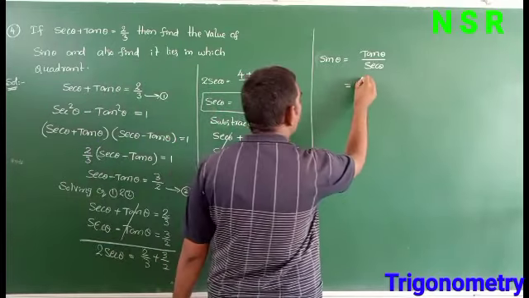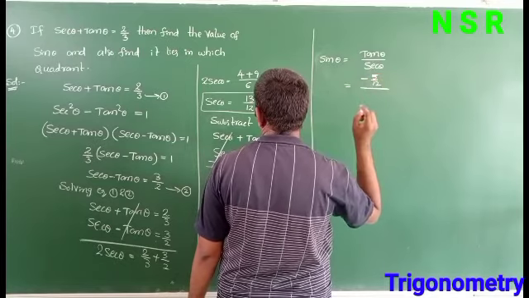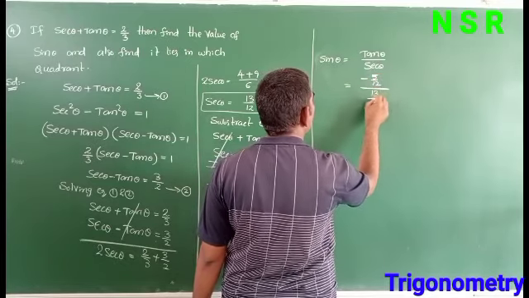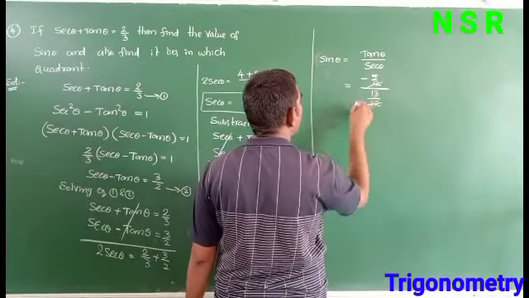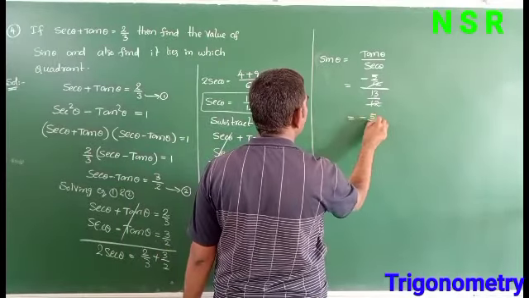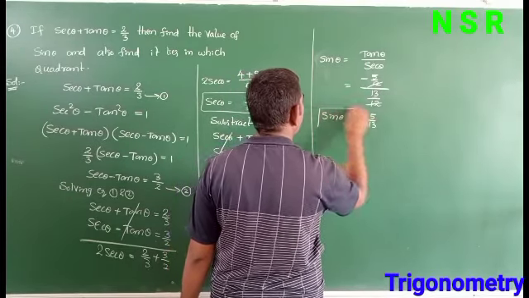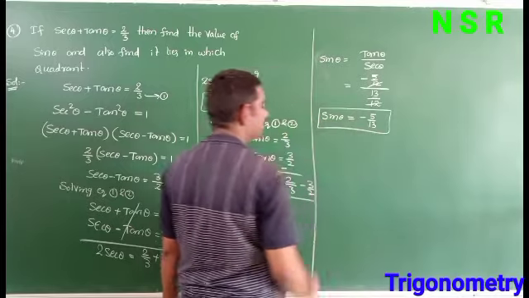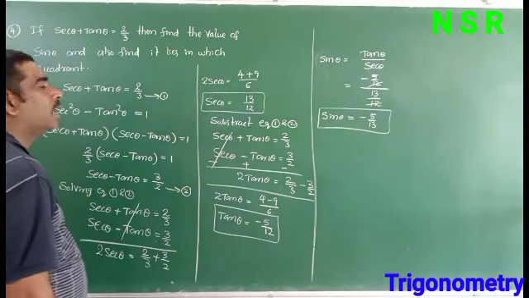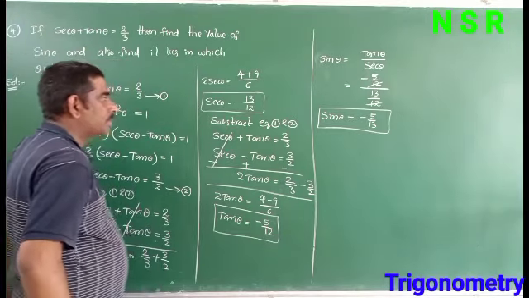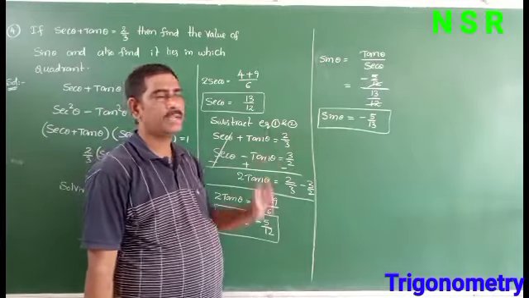So tan theta value minus 5 by 12 and secant value is 13 by 12. So here 12 get cancelled, we get minus 5 by 13. So we get sin value is in negative. So sin value negative in both third and fourth coordinate. So here we get three values, one is secant, tan and sin.